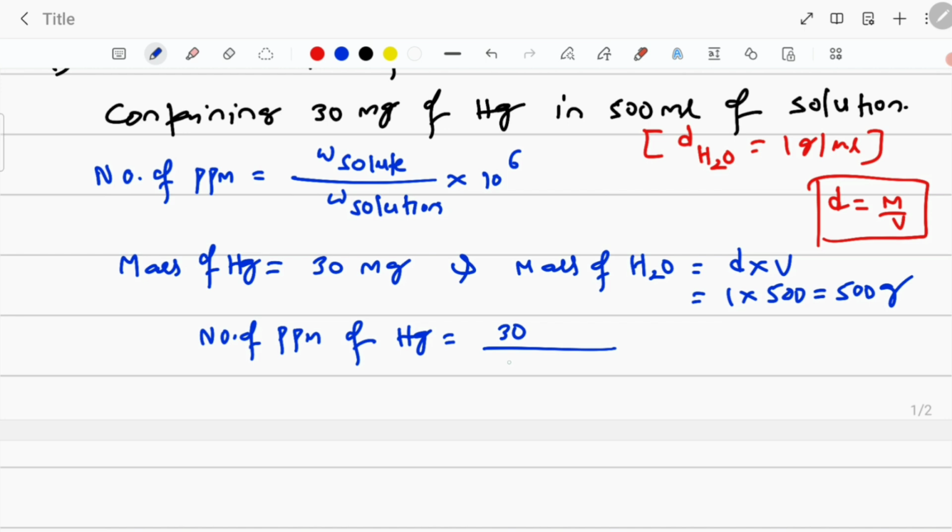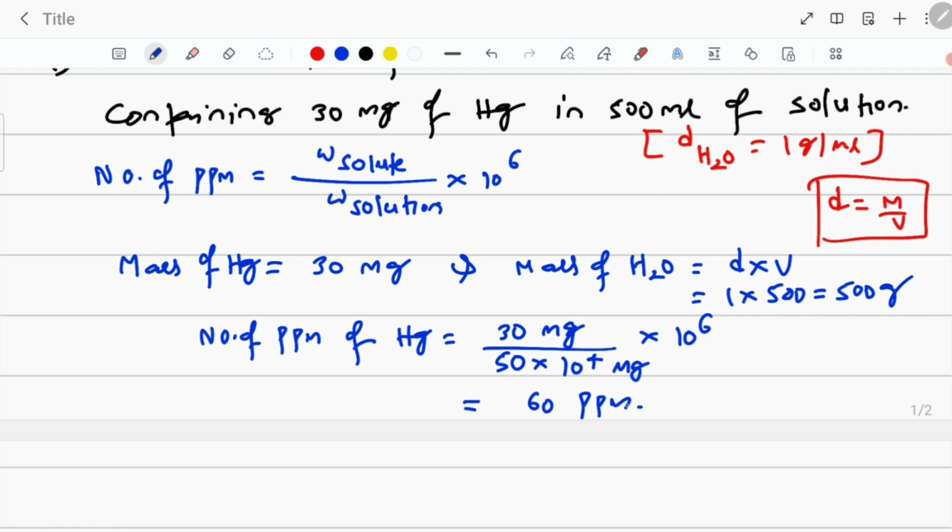I am taking milligrams. 30 milligrams by 500 grams. You convert into milligrams, 5 into 10 power 5 milligrams. Both solute as well as solvent should be in milligrams, then into 10 power 6. 60 ppm should be the answer here.